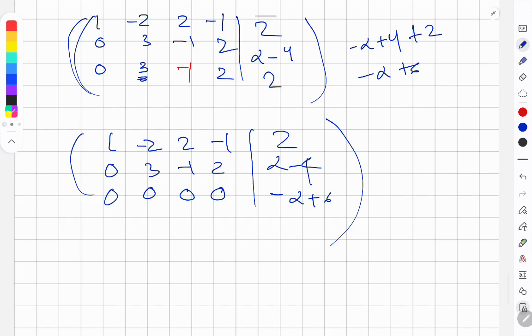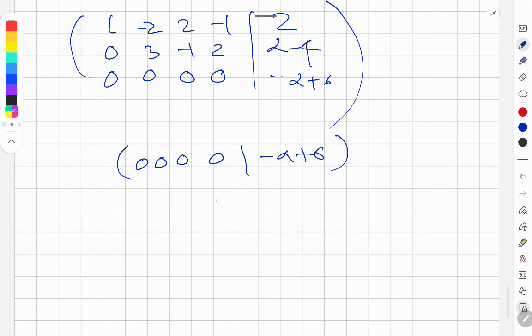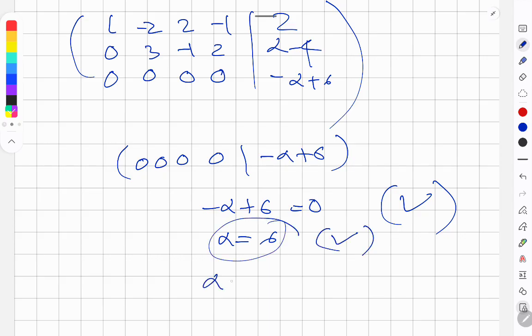As I said in the last class, if you get this condition, no solution. You have to analyze. That's the analysis in mathematics. If negative alpha plus 6 equals 0, there is a solution. So if alpha equals 6, you have a solution. If alpha is not equal to 6, no solution.